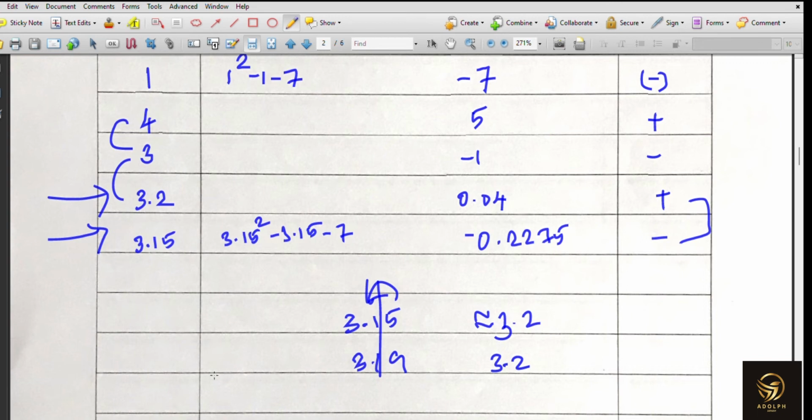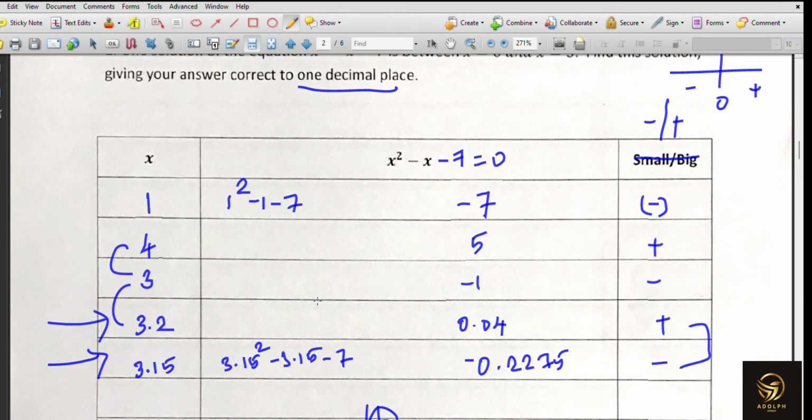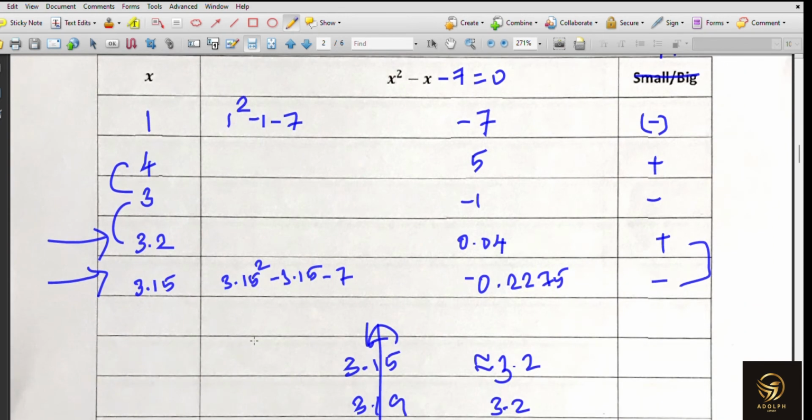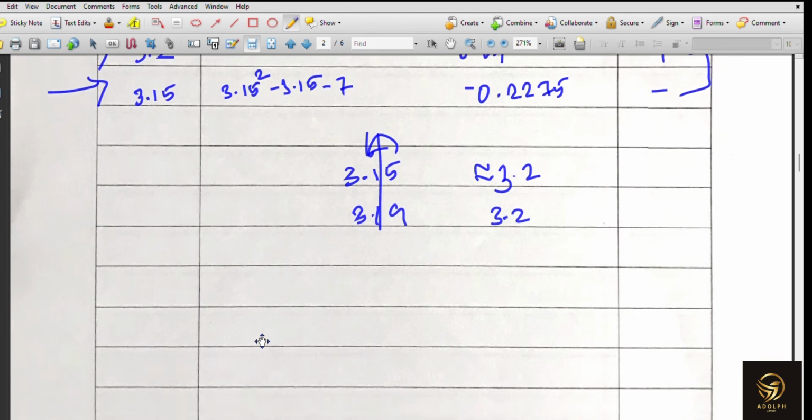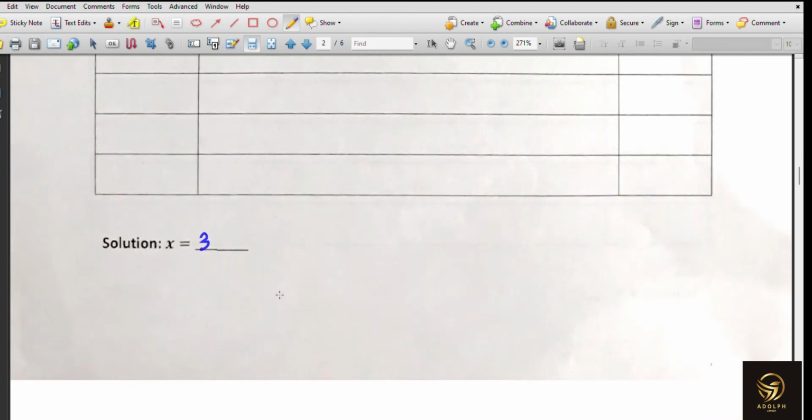So why should I go to the exact value? If I have realized that the answer is in between at the second decimal place, and they are asking for one decimal place, then that is enough. If I round that answer, I will be getting 3.2. So 3.2 is my answer. Let me conclude that 3.2 is the answer.